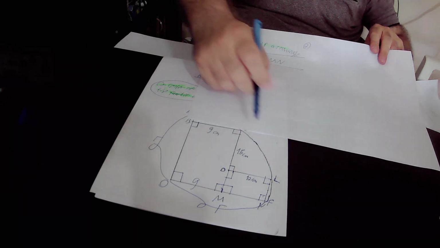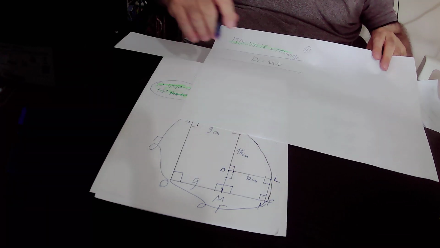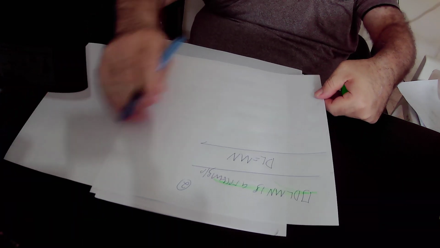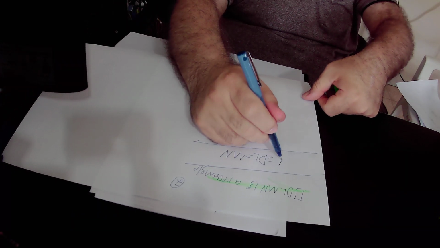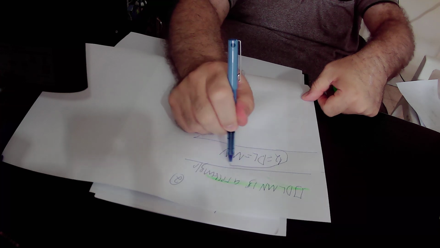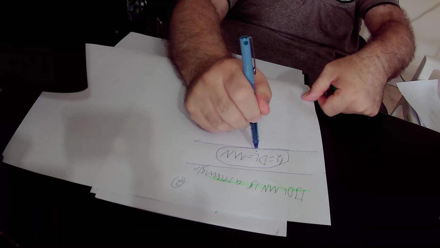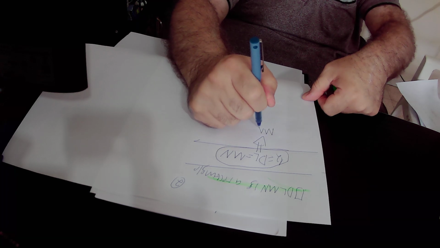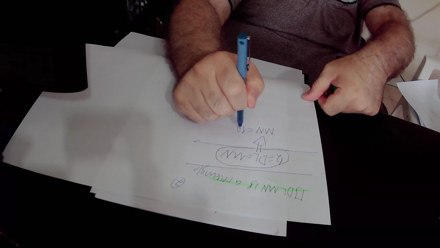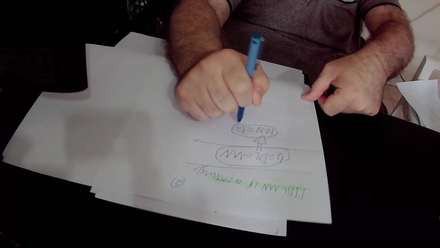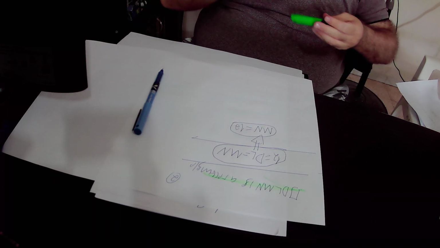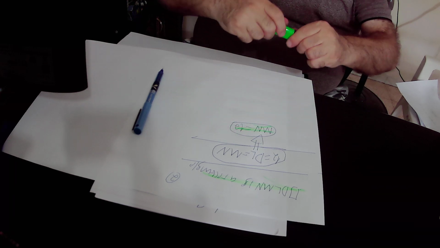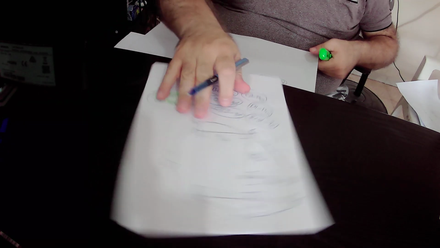But here DL equals 12 units according to what is given in the question. So we can write here that DL equals 12. And from this equation, 12 equals DL equals MN, we will derive that MN is also equal to 12 units. Okay, MN equals 12 units.